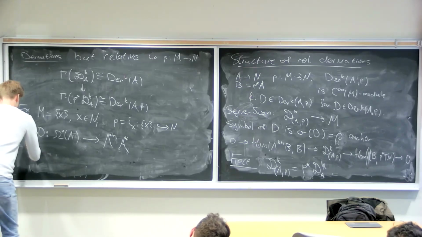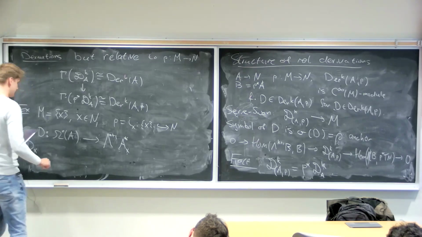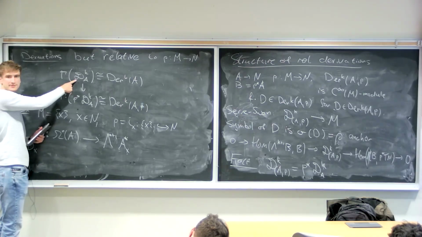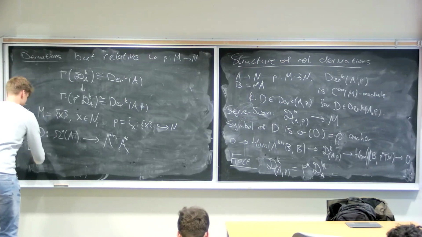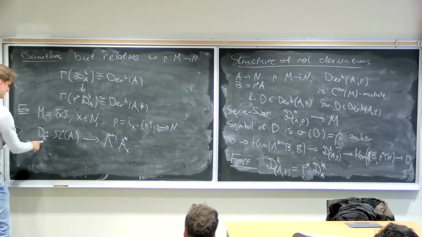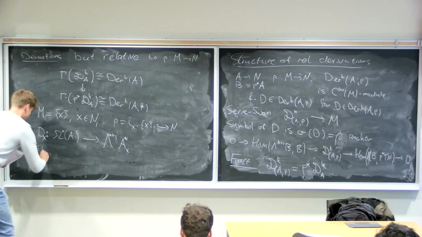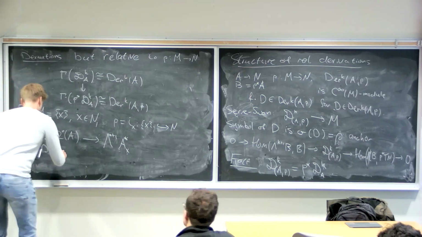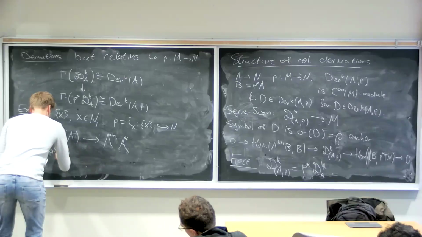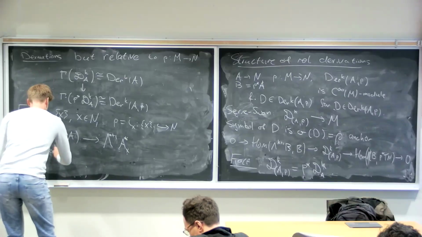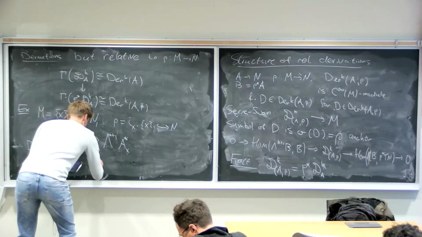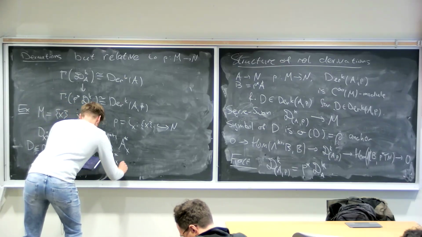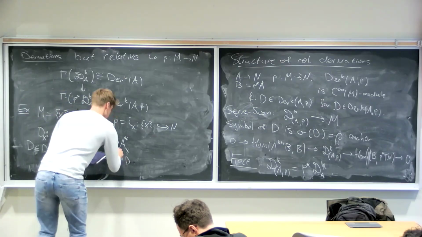And if you define D at the point, a derivation at the point x, by considering it as a section of... I'm going to keep x here. So if you take D any derivation on A, or one derivation on A, then we can look at D_x equals its pullback, its restriction to this fiber.